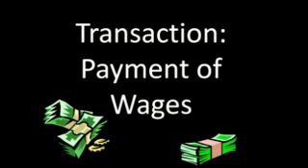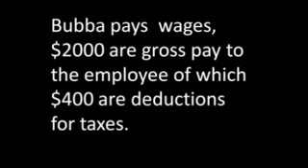Bubba has an assistant who will be paid from time to time, hopefully at regular intervals. The wage may be made up of various items, but there will be a figure for gross pay earned. This is not the amount that the employee receives, since a part is removed as taxes. The gross wage is an expense and will be recorded as a debit in the wages expense account. The amount that is paid to the employee reduces the asset of cash, and so will be recorded as a credit to the cash account.